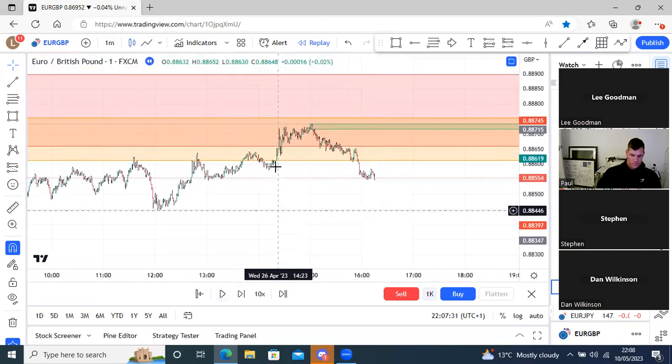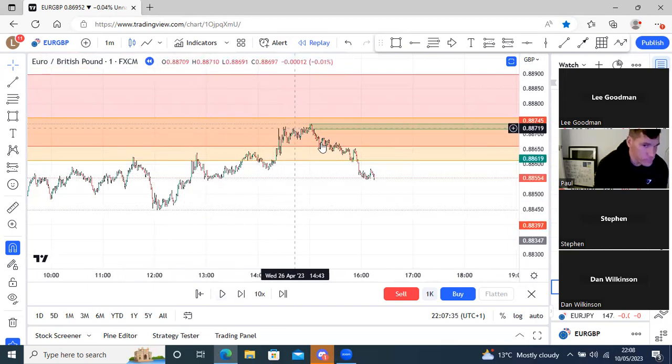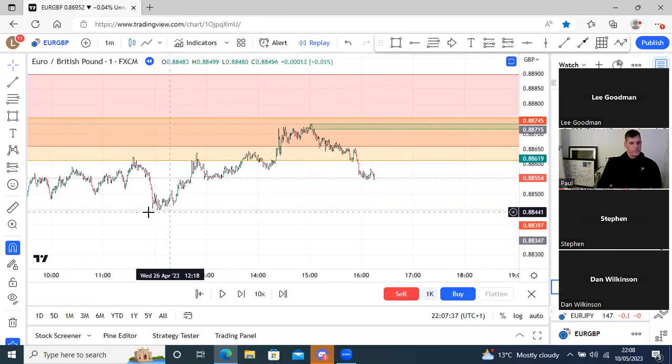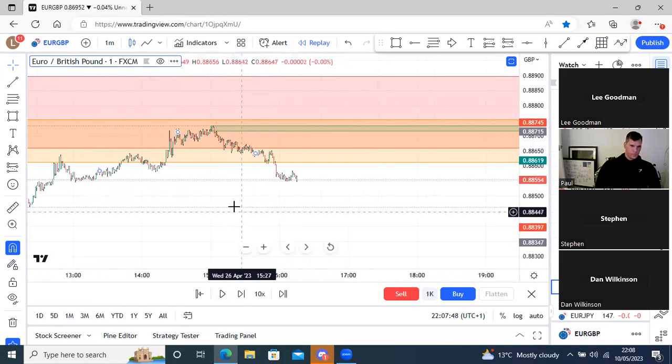Below the one here. Structure. So I can't remember if it breaks below here, but if it broke below there, I'd be pretty much as certain as you can be. This is also a structure point.